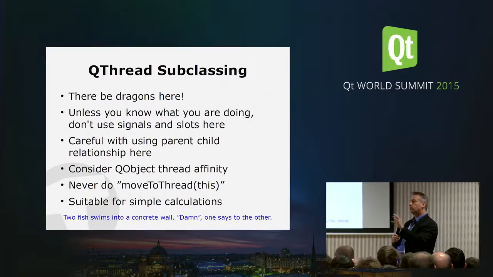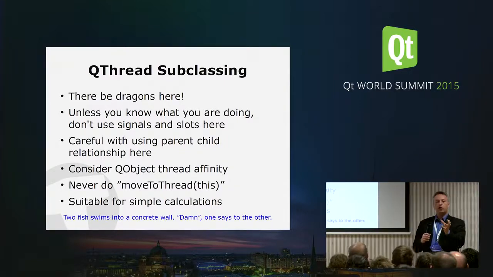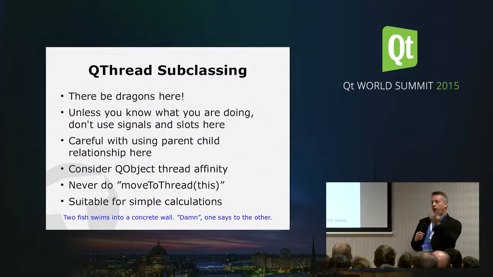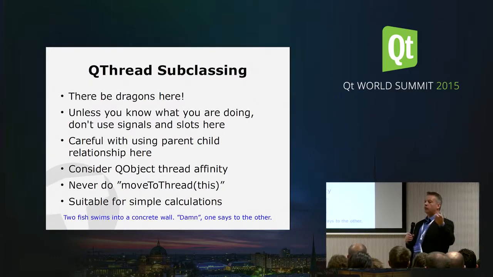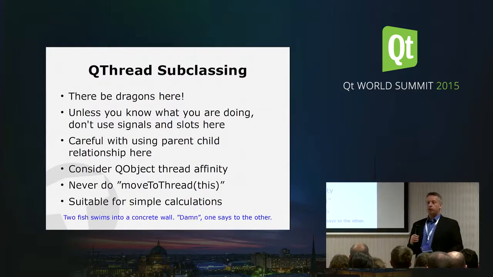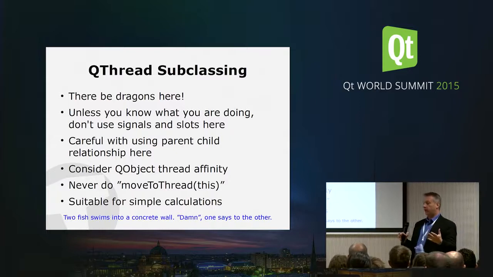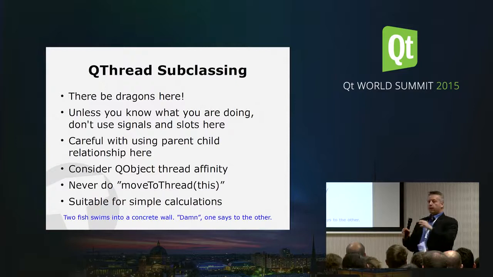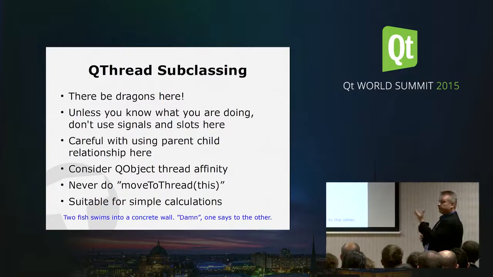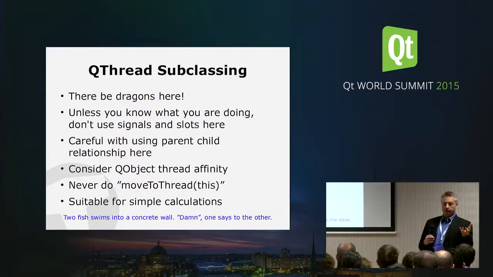And the reason is the QThread object itself sort of lives between 2 threads. The QObject thread, when you instantiate it, actually lives in the creating thread. So when you have a system with only 2 threads, the main thread, the GUI thread, and a worker thread, the QThread object itself lives in the main thread.